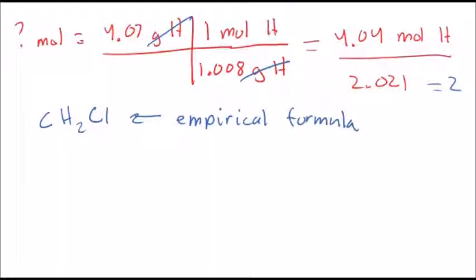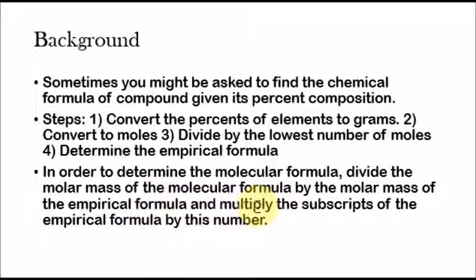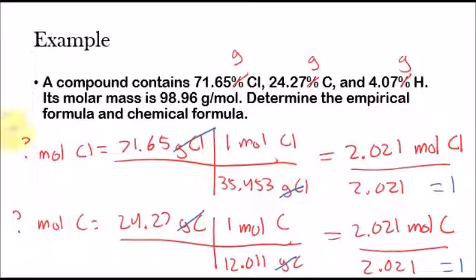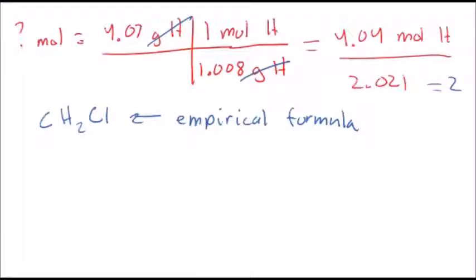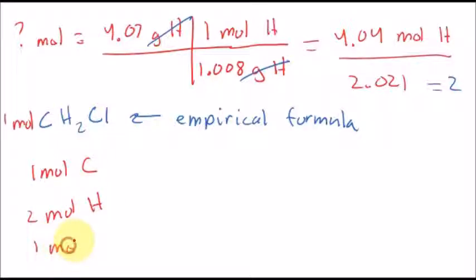Now to determine the molecular formula, we're going to divide the molar mass of the molecular formula by the molar mass of the empirical formula and multiply the subscripts of the empirical formula by this number. First we have the molar mass of the molecular formula here, 98.96. Let's find the molar mass of our empirical formula. 1 mole of this consists of 1 mole of carbon, 2 moles of hydrogen, and 1 mole of chlorine.